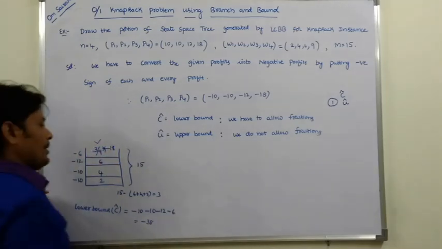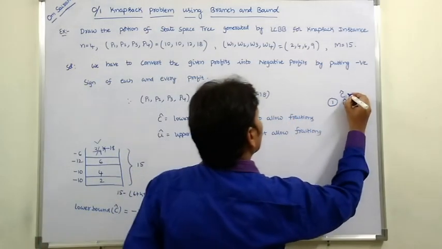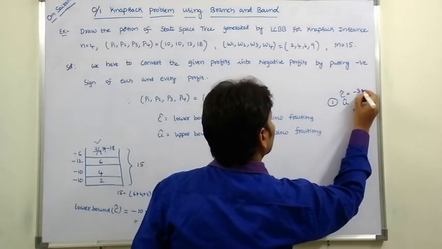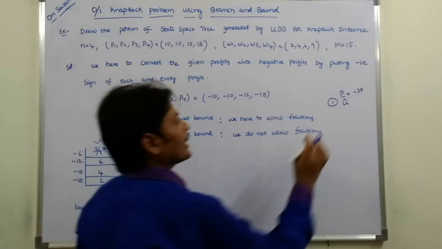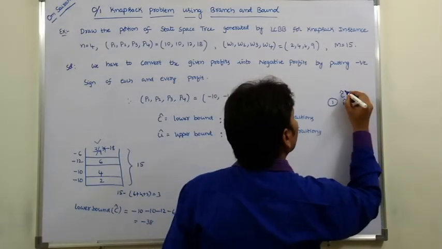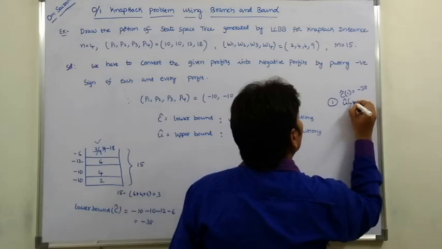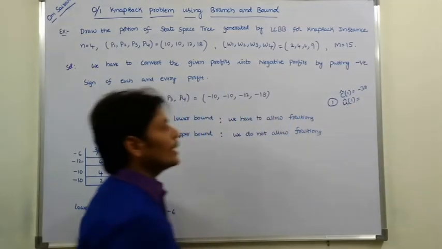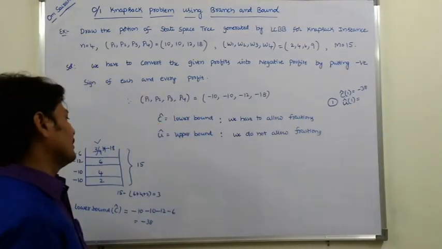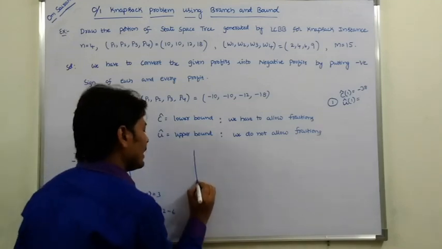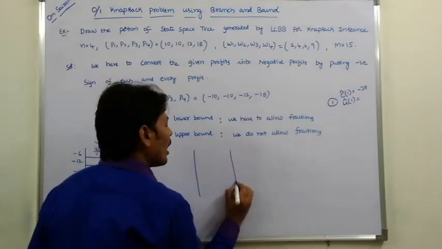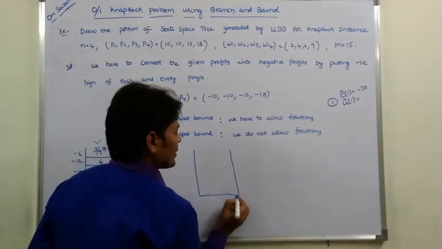Okay. Next. So C cap is equal to minus 38. So it can be written as C cap of 1 is equal to minus 38. Next we have to calculate U cap of 1. So while calculating upper bound, we do not allow fractions.